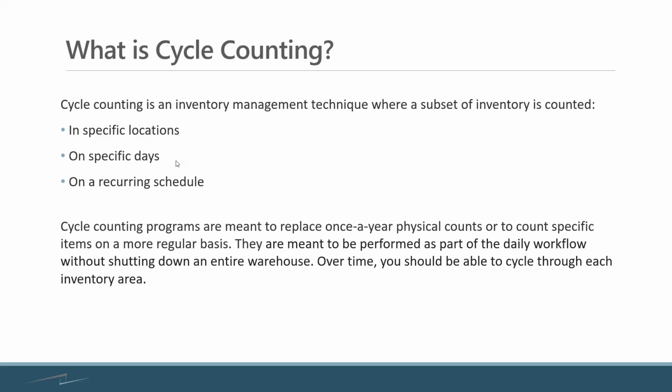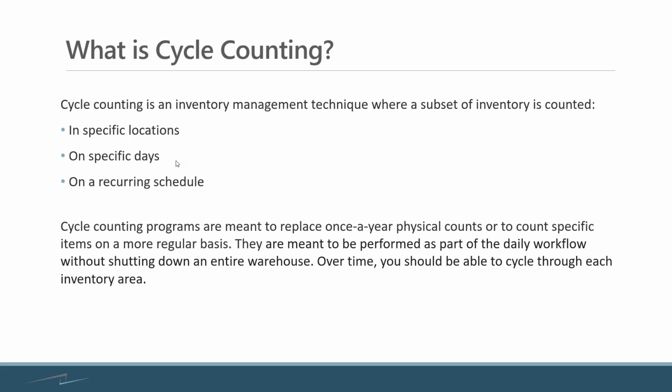We want to count on specific days. Now, when I say days, I don't say you have to do it every day. My best practice recommendation is you do a subset every day, but this could be a weekly schedule, a monthly schedule, even a quarterly schedule, depending on how you set up your program. And we want to make sure it's on a recurring schedule. The best way to start a cycle counting program is to get people used to having a schedule of doing their counts.